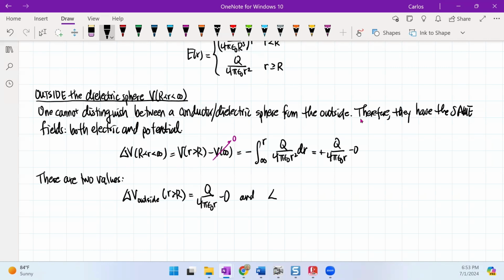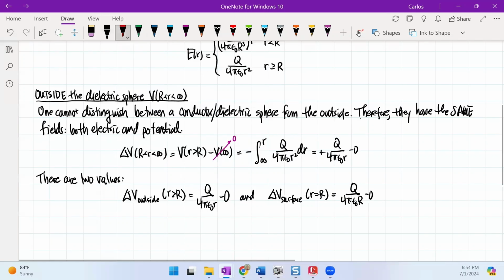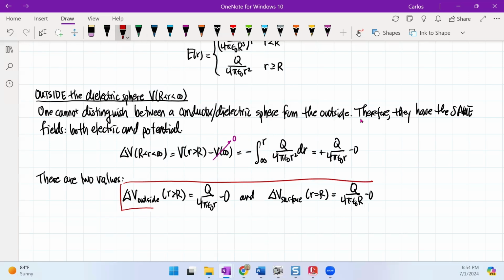And if I'm at the surface, so I'm coming from infinity all the way to the surface here, then we get this relationship right here. And this is what our field looks like right here.